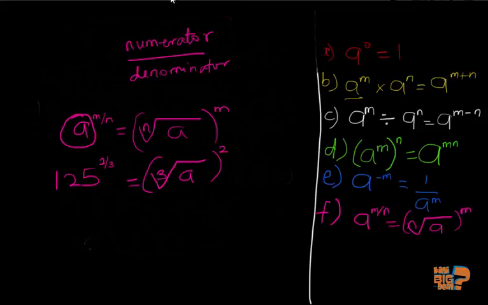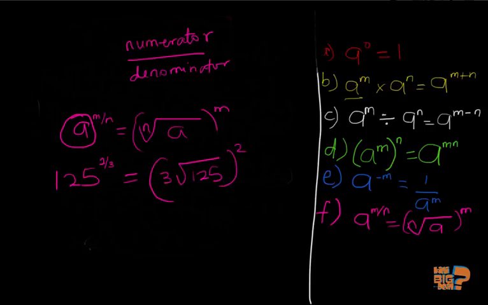Sorry about that. I shouldn't be using the letters again since I know you don't like them and it's an example. So that's equal to 3 root 125 raised to power 2.